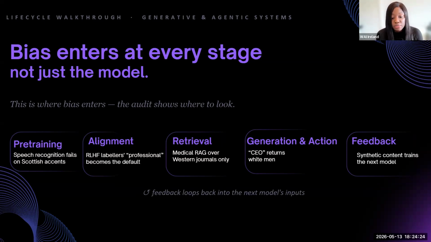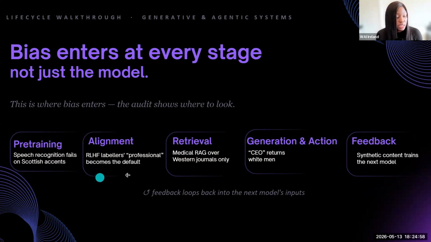Second stage is alignment, right? So after pre-training, this is where humans now begin to tell the model what a good response or a good answer looks like, right? So it's called alignment, that phase. And so typically you will have specific humans or labelers who look at each model output and label good or bad and feed that data back into the system for the system to learn from.